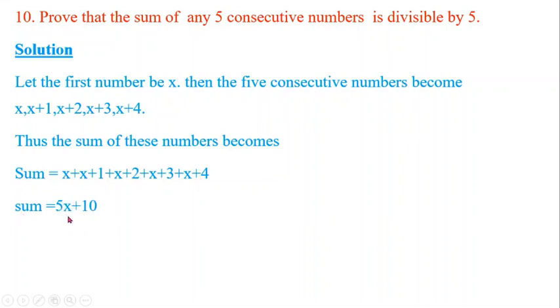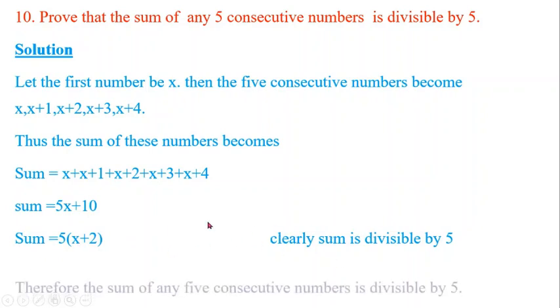Now, taking 5 as a common factor, the sum is equal to 5 into x plus 2. So the sum can be written as a product of 5 and some other number, x plus 2. So, clearly, this sum is divisible by 5.